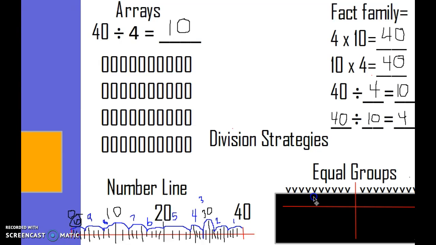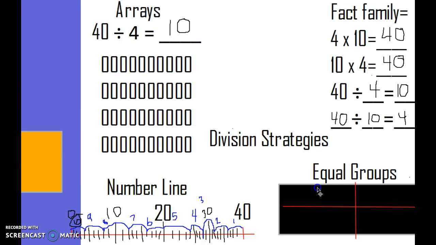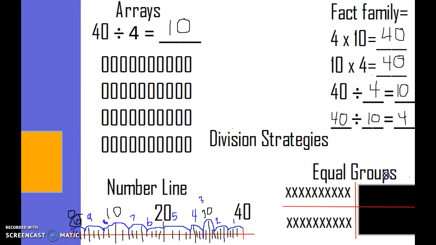So I've already written out each of the equal groups, but here's our problem up here. 40 divided by 4 equals what? Just like we did the arrays in 4 groups, you could separate it and picture a story problem like we've talked a lot about in class.